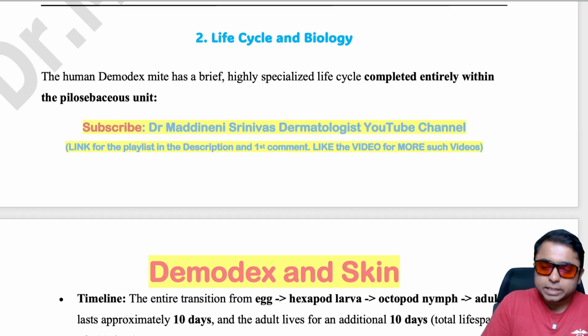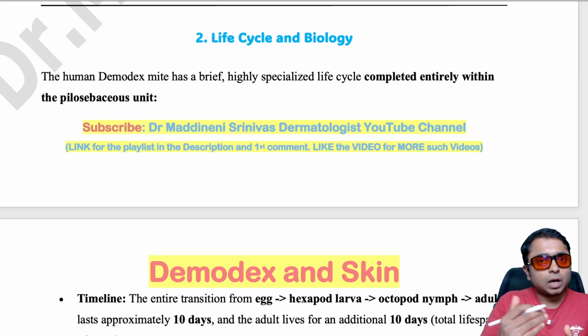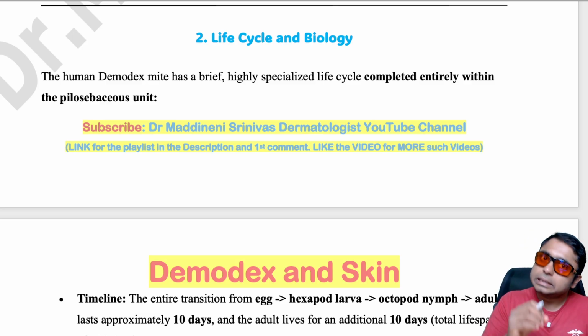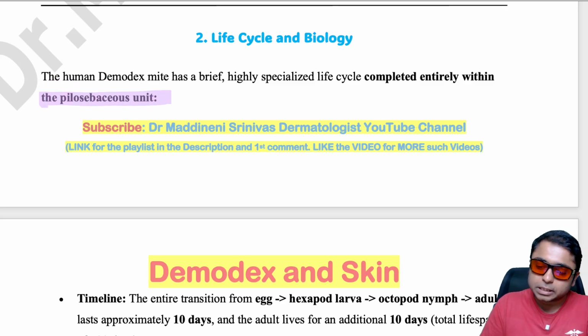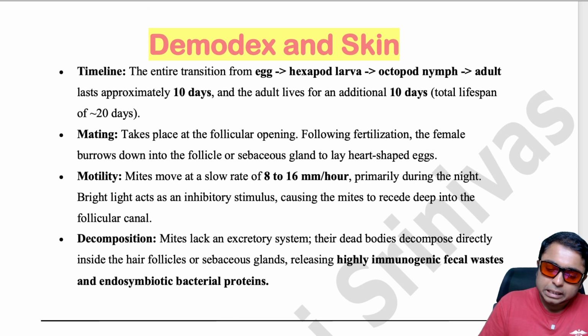Coming to the life cycle and the biology, the Demodex has its birth over the skin, and its death is also in the skin only. Everything is in the skin, especially in the pilosebaceous unit. And what is the timeline?